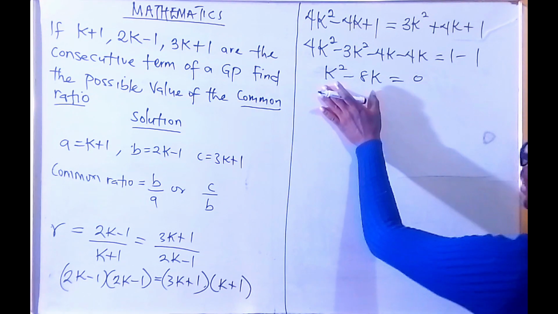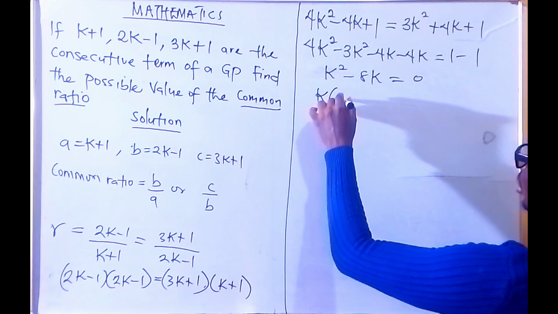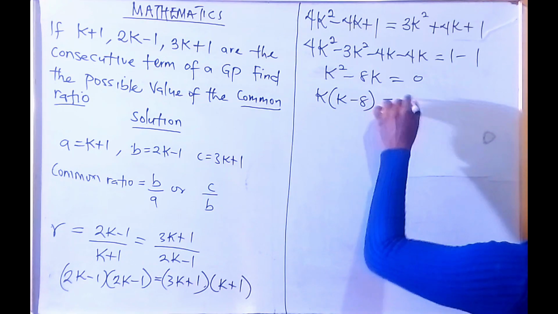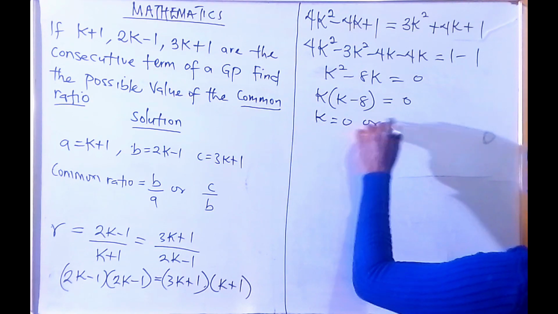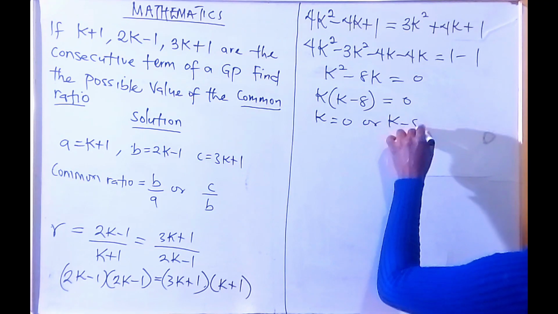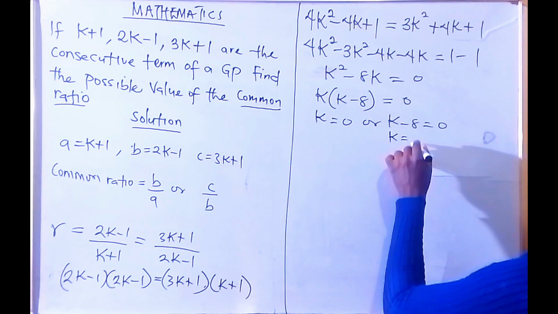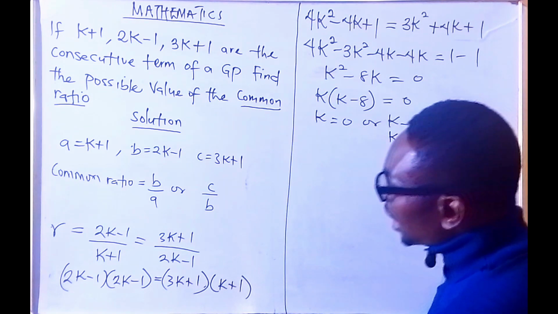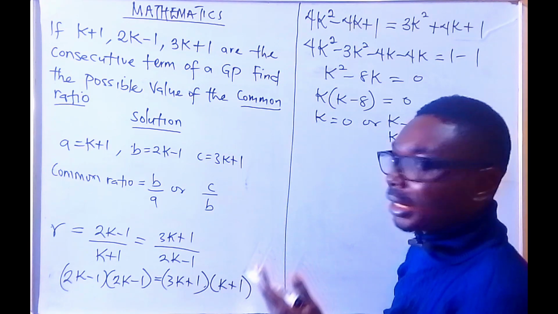Here you can factorize this. If you factorize, we have k into k minus 8 equals to what? 0. Therefore, k is equal to 0, or k minus 8 is equal to 0, which means that k is equal to 8. So k has two values. k is either 0 or 8.